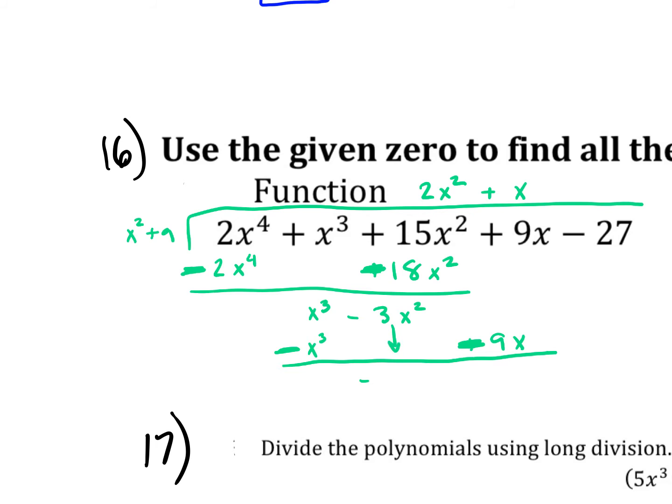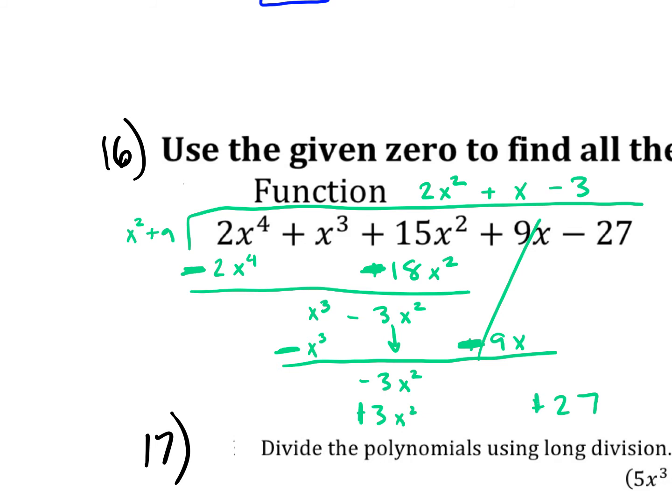So I'm going to drop down the negative 3x squared. Positive 9x and negative 9x cancel. So this is negative 3. So then multiply, get negative 3x squared minus 27.